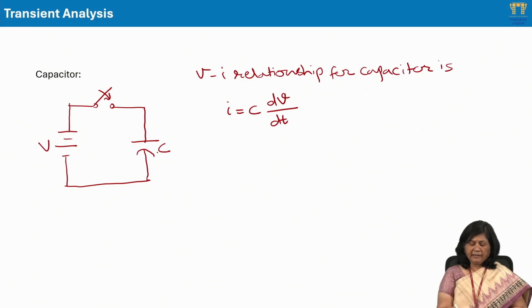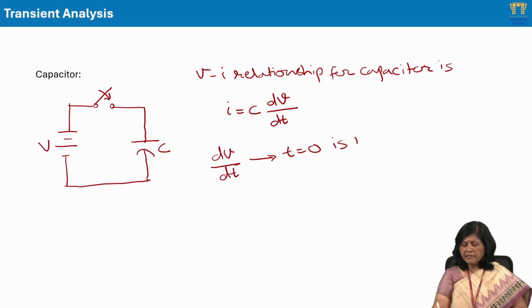Now again, the development of potential between the plates takes time to gather. So the capacitor voltage cannot change instantaneously, because of this relation, dV by dt changing at t equal to 0 is not possible.